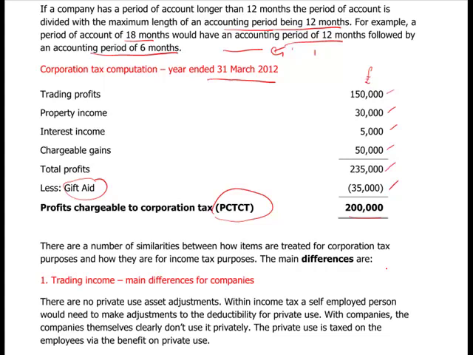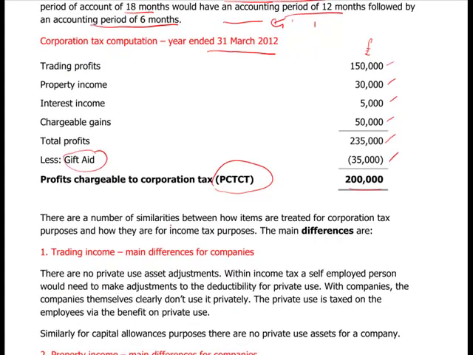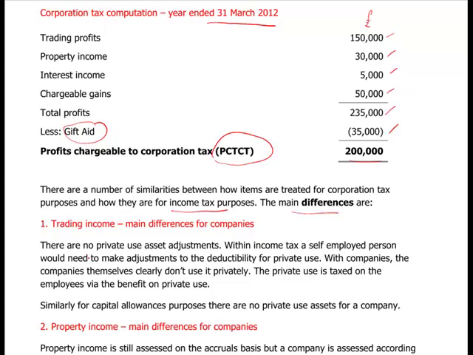Now, differences. There are a number of similarities between how items are treated for corporation tax and how they are treated for income tax. There are, however, differences. There are no private use adjustments. You remember we had an example of a car, and the car could be used by the proprietor.